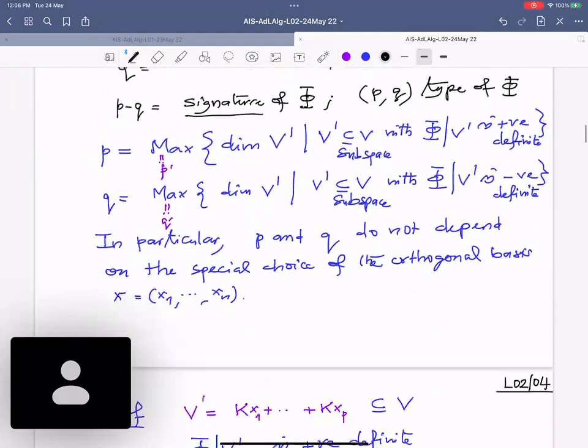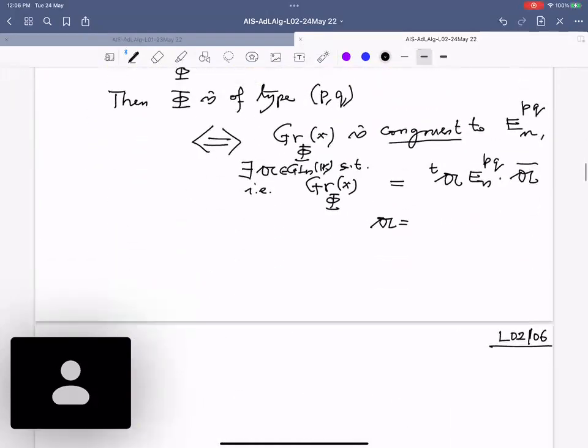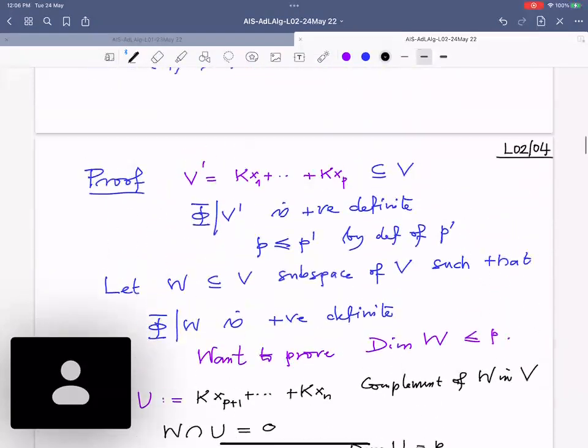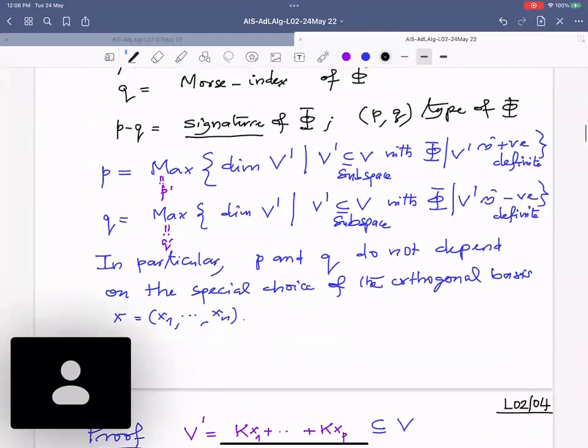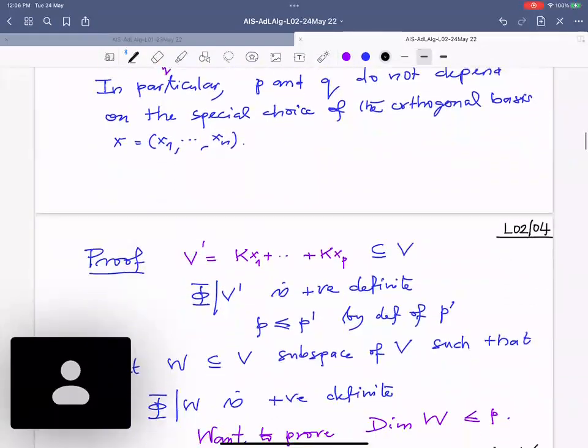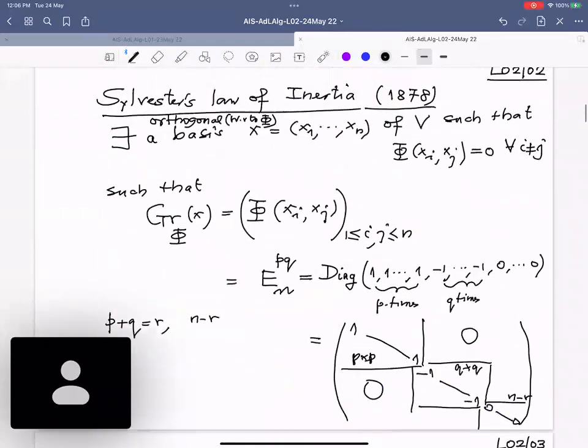And that means A will be nothing but the transition matrix from the basis X to whichever new basis you choose, which will have this property, that the matrix will look like this.